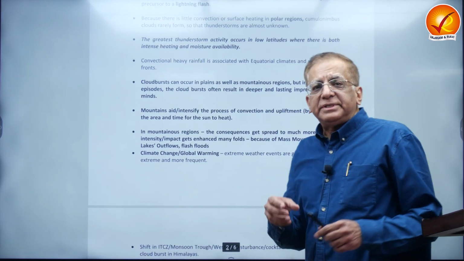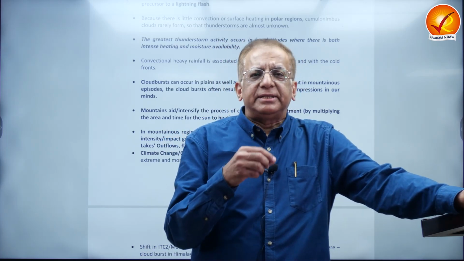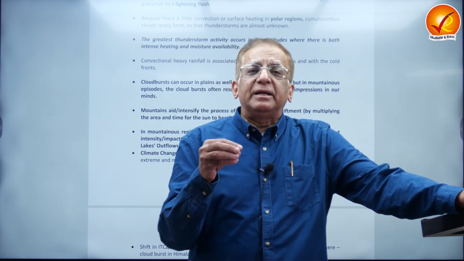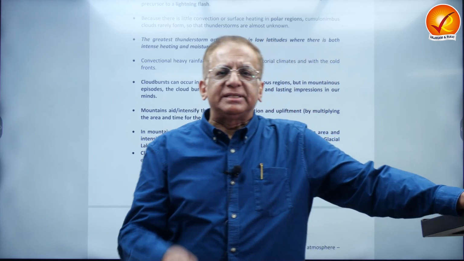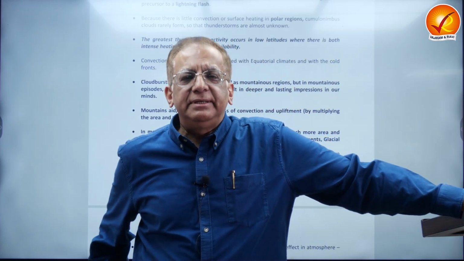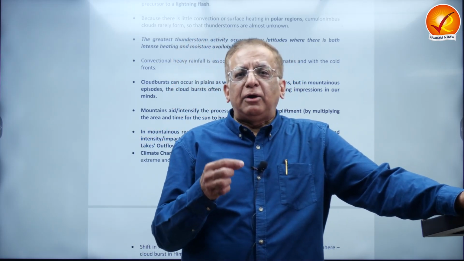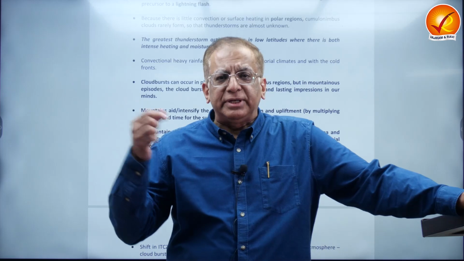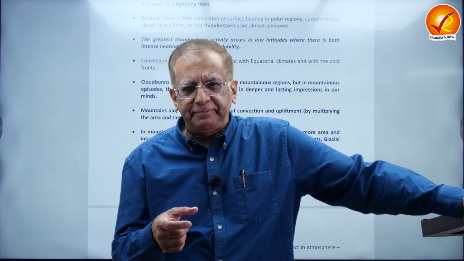Now, generally we will see that cloudbursts in mountainous regions or in urban areas, the big cities, leave lasting impressions in our mind, deeper impressions. And generally we tend to believe that cloudburst is more a feature related to the mountainous region. No. The point is, technically speaking, cloudburst can happen in any area.